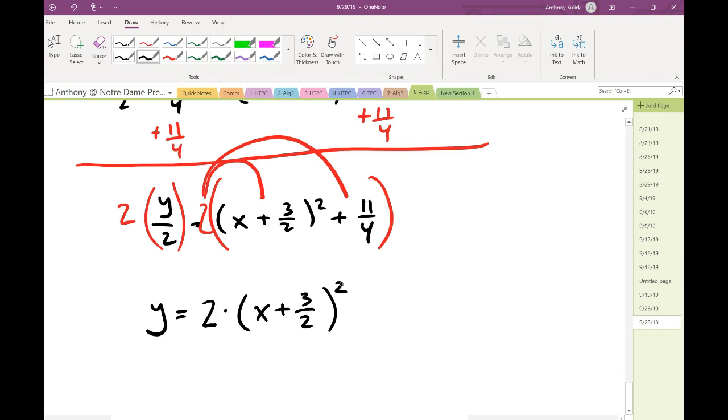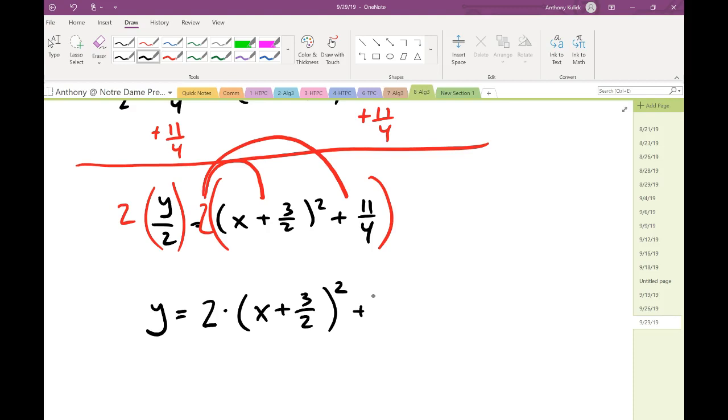I have to take care of that exponent before I'd be allowed to multiply that 2 inside of the parenthesis. So I'm going to just stick the 2 right out in front, like that. I would do that every single time on this kind of problem.